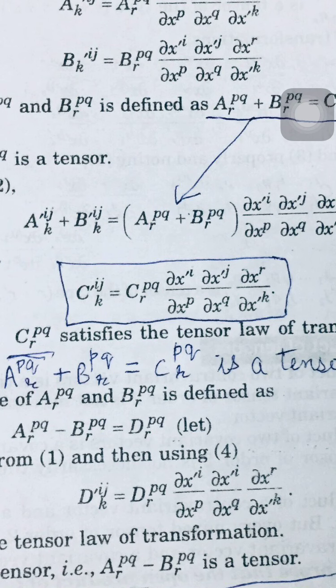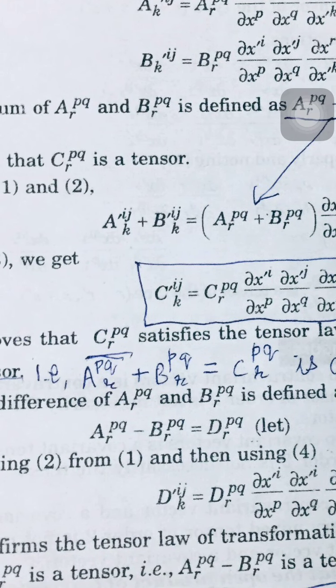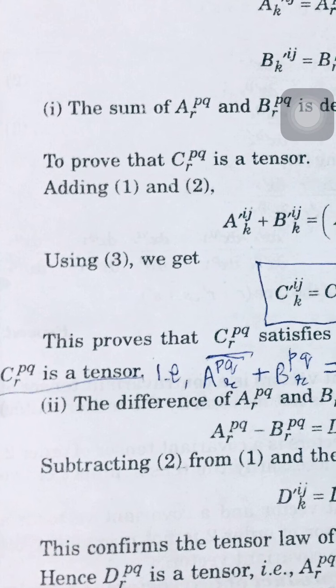Okay, so we see that this formula behaves just like a tensor of the same order. So we see that the addition of two tensors is again a tensor because it follows the formula of a tensor of the same order. Okay, so C^{PQ}_R satisfies the tensor law of transformation, and hence C^{PQ}_R is a tensor.